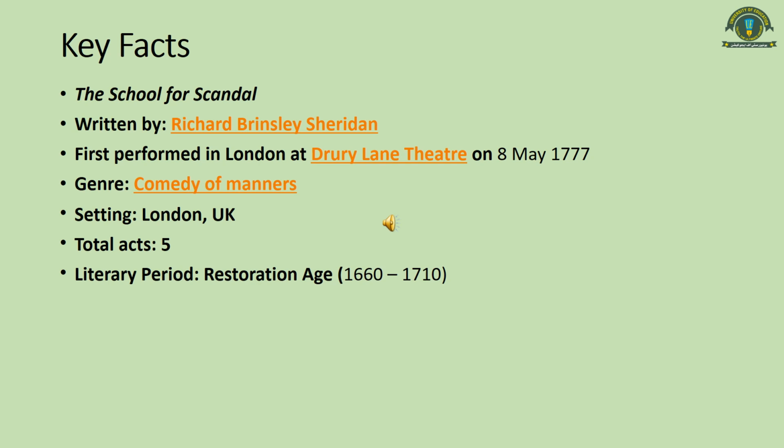It was first performed in London at the Drury Lane Theatre on 8 May 1777. And when we define comedy of manners, we say that the comedy of manners is also called anti-sentimental comedy.